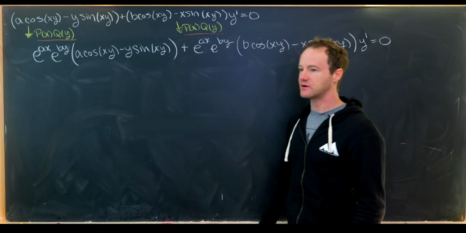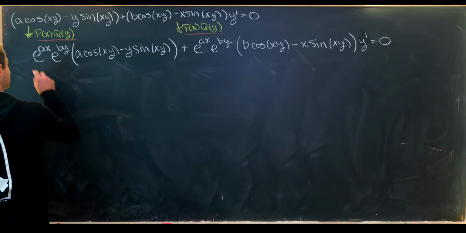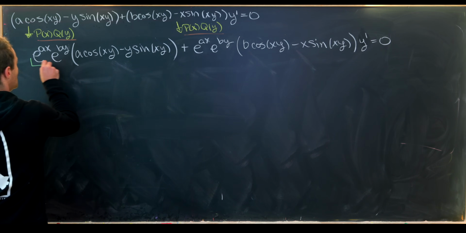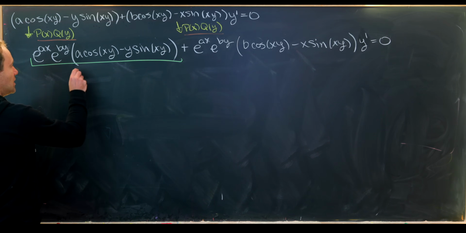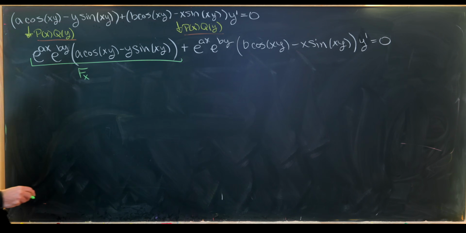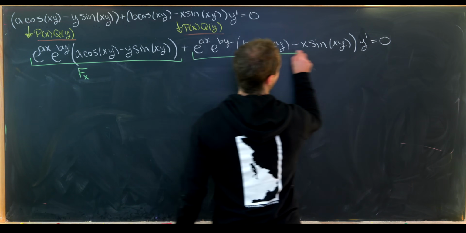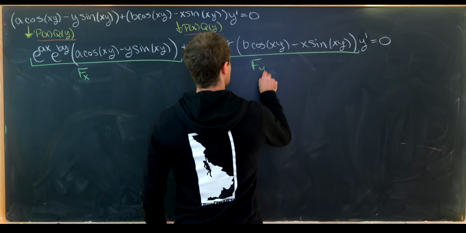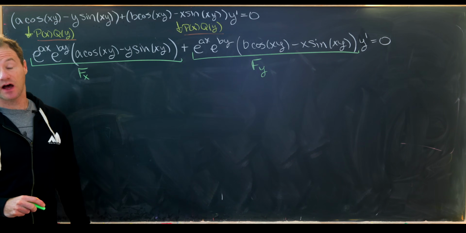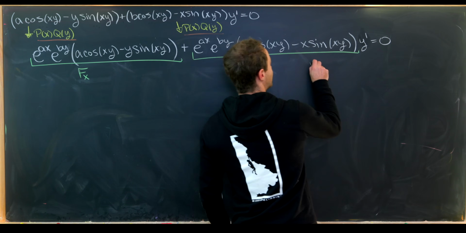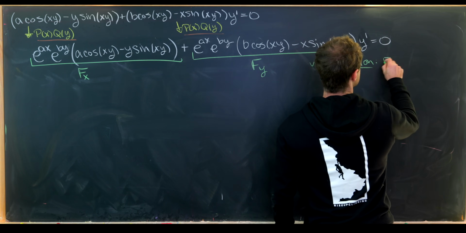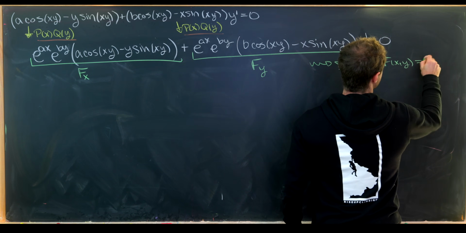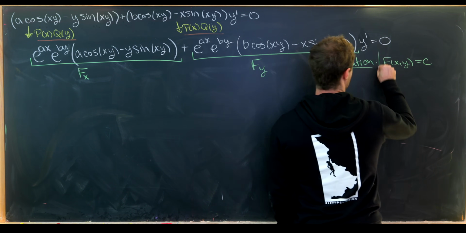Let's recall from the theory of exact differential equations that since this equation is exact, we can find an f of x, y, where the partial with respect to x of that f of x, y is equal to this green underlined thing, and the partial with respect to y of this f of x, y is equal to this other green underlined thing. And furthermore, our solution is implicitly described by the equation f of x, y equals a constant.